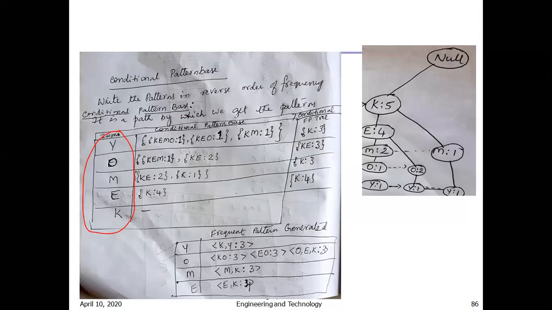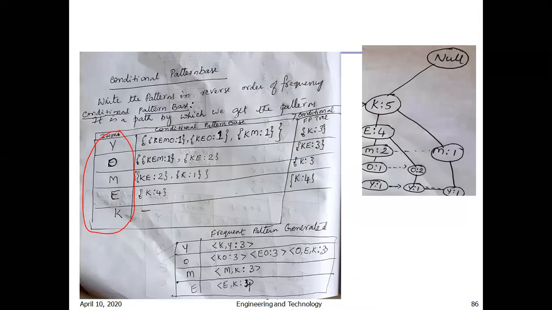The conditional pattern base is the path by which we can get these items. Which path do we need to follow to get these items? To get Y, which path needs to be followed? To get O, which path needs to be followed?